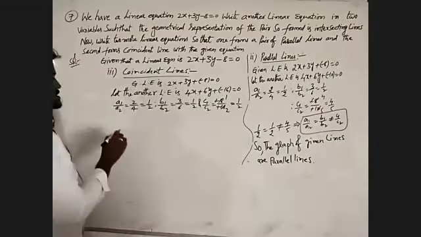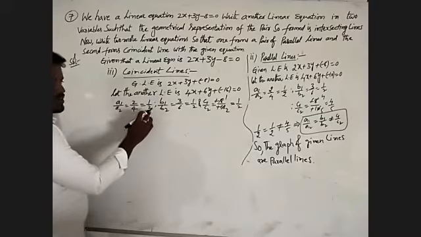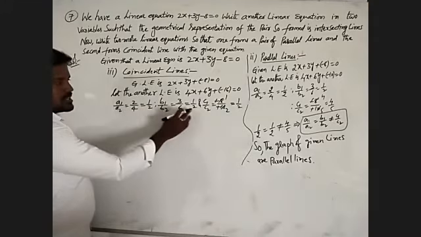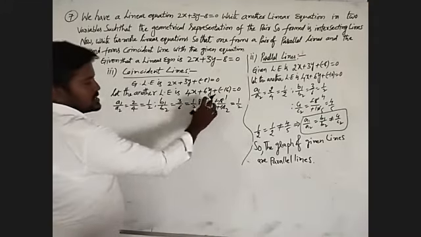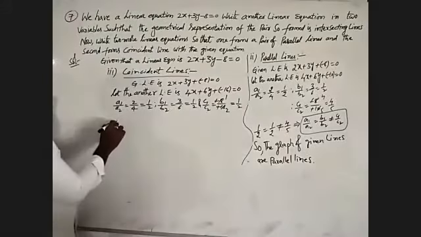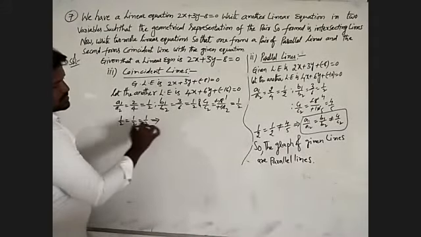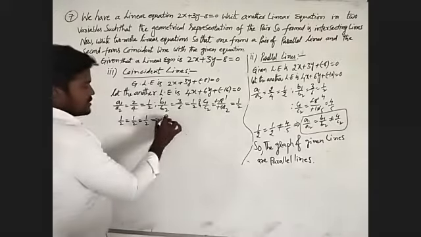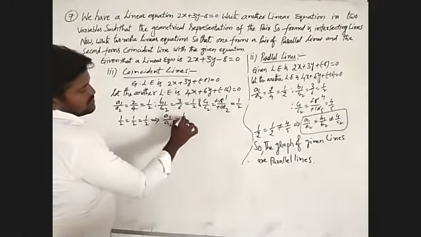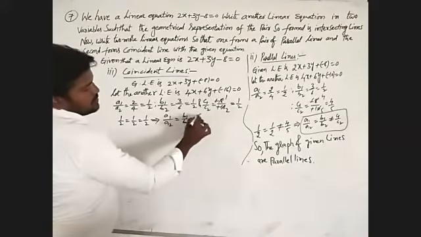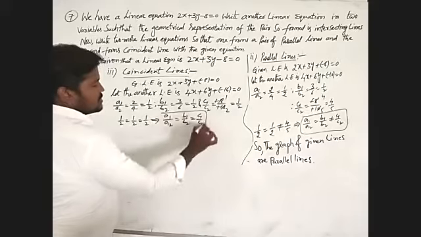We will observe in this one, a1 by a2 must be equal to 1 by 2, b1 by b2 must also be equal to 1 by 2, c1 by c2 also 1 by 2. That satisfies 1 by 2 is equal to 1 by 2 is equal to 1 by 2. Then that implies a1 by a2 is equal to b1 by b2 is equal to c1 by c2.